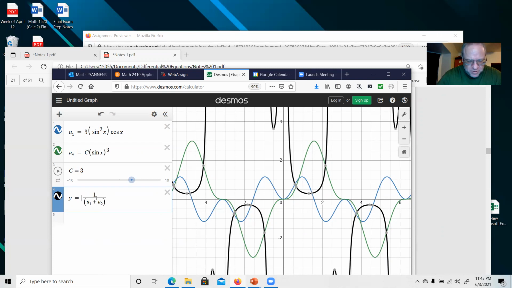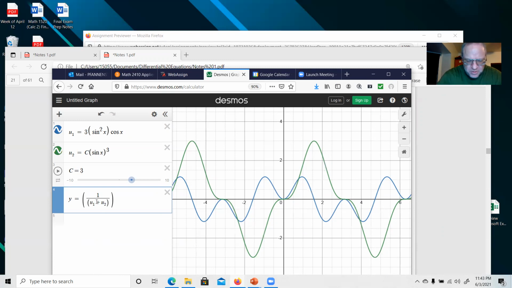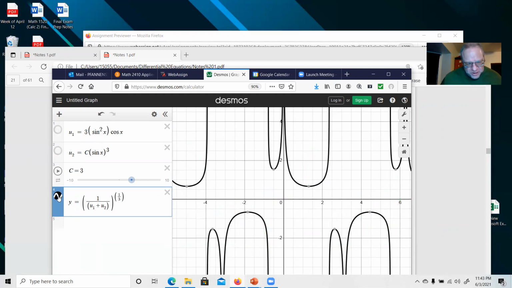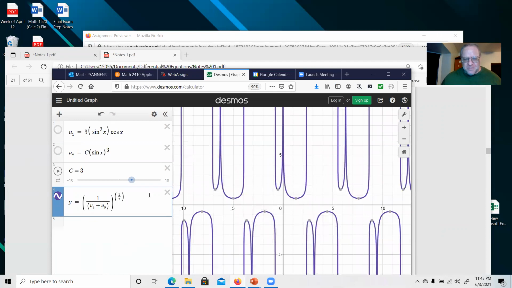Let's go ahead and put parentheses out here, to the 1/3. Okay, let me erase these. Take those out. Make this a prettier color here. We'll go with purple. All right, and there's my solution.